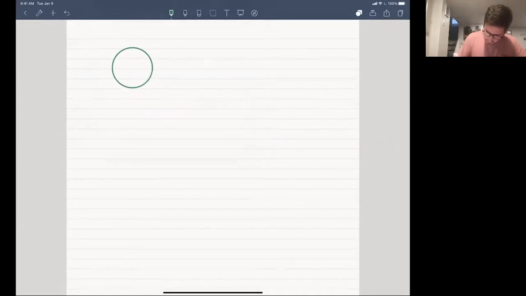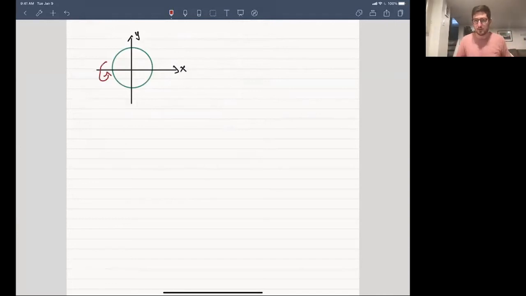So here's my circle. Here's the X and Y axes. And we're being asked to rotate this thing around the X axis. So the question is, what is the cross-sectional area at each point, at each value of X?